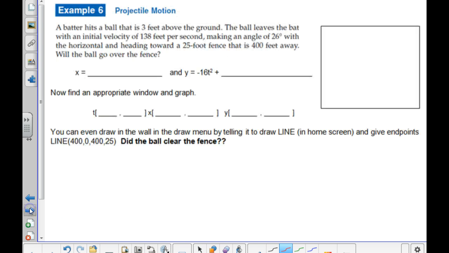Remember that? Okay. I want to do this last question because it says a batter hits a ball 3 feet above the ground. So what is that telling us? H sub 0 is 3. Okay? So we're going to put a plus 3 on the back. The ball leaves the bat with an initial velocity of 138 at an angle of 26. So what goes on this blank?